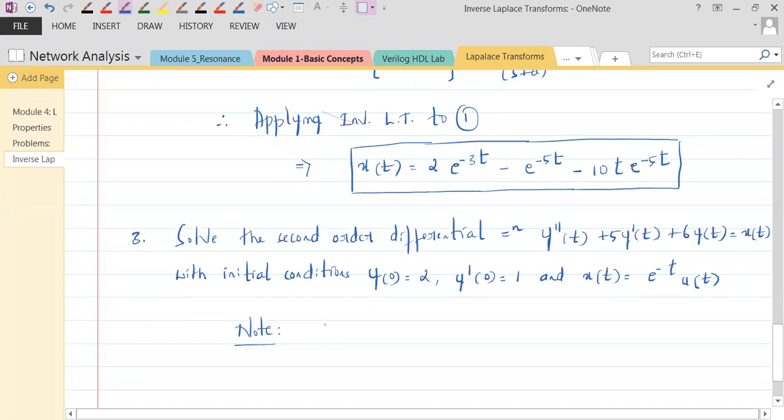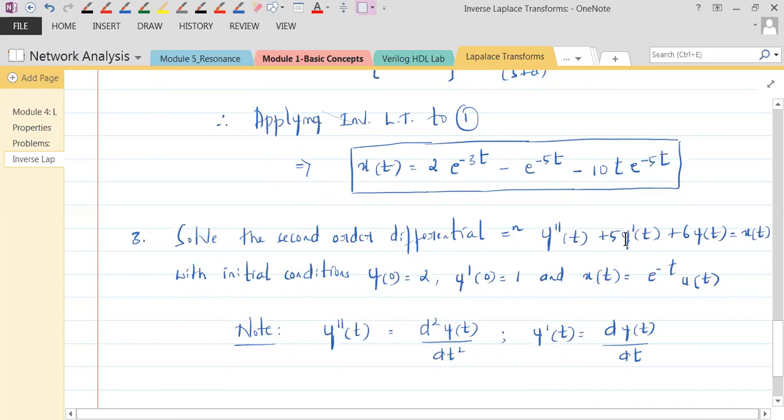What is the meaning of y double dash t? This is d square y of t by dt square. Similarly, y dash of t is the first order differential of y of t with respect to t. So you should know this. It is clearly told that it is a second order differential equation, so we need to solve this.